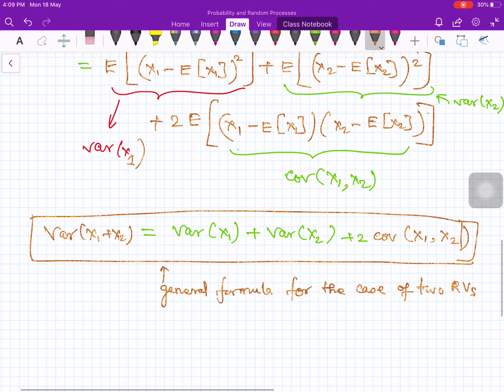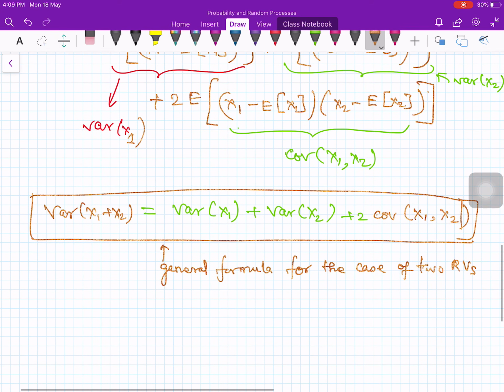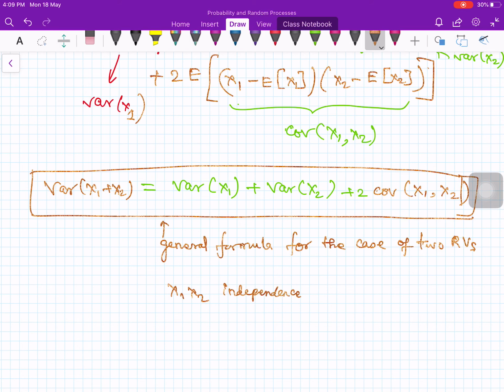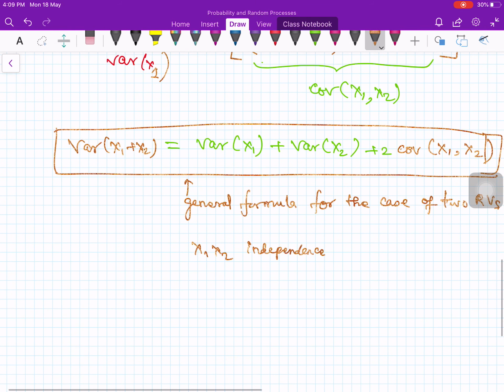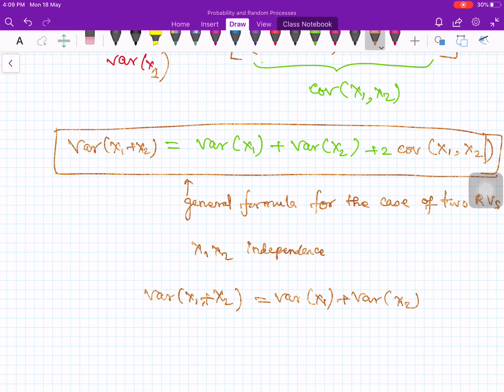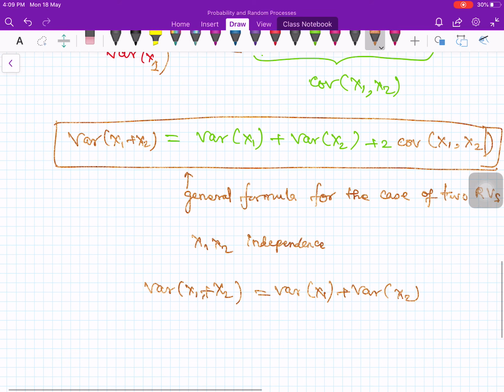In the case of independence, let's say if x1 and x2 are independent, then what will happen? In the case of independence, the covariance is 0. If the covariance is 0, then the third term will be 0. Therefore, we just have the sum of two variances. So in that case, variance of x1 plus x2 equals variance of x1 plus variance of x2, because if the two random variables are independent, then the covariance is 0.